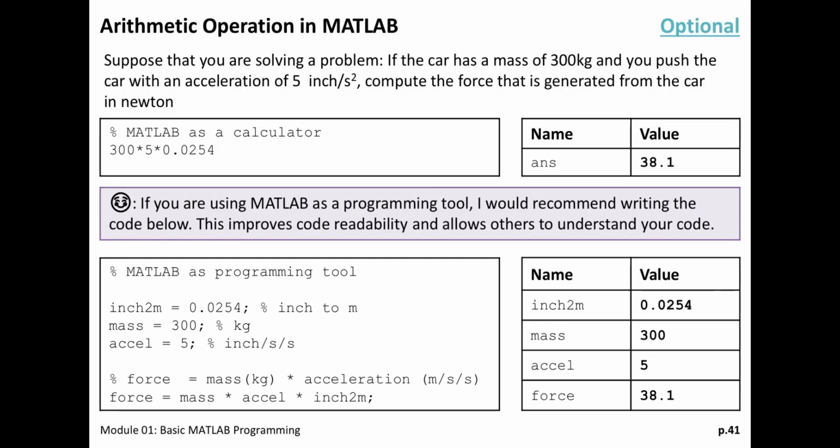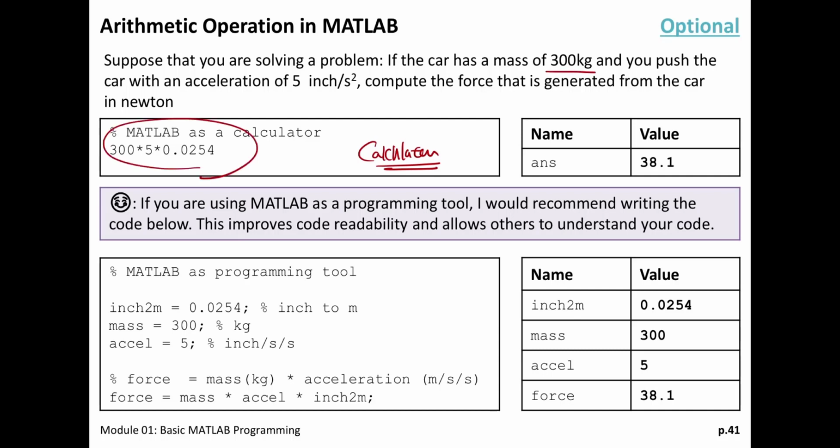Okay, before closing module 1, I'd like to talk about the fundamental question of why we are using a programming tool. Suppose that you are solving a very simple problem like F is equal to m times a. If you are using MATLAB as a calculator, you'll write the code like this.